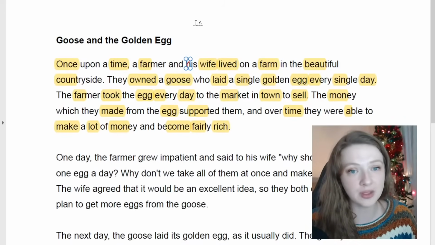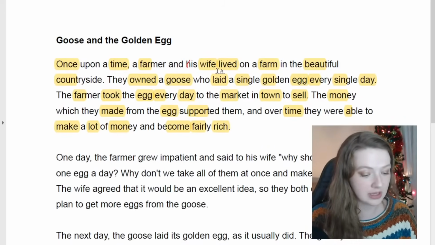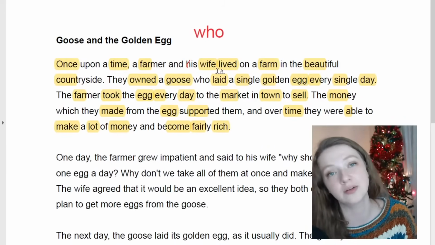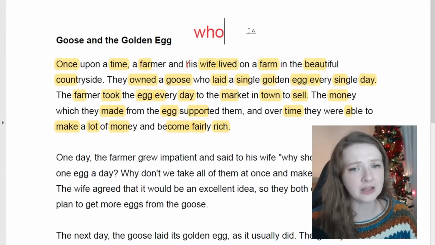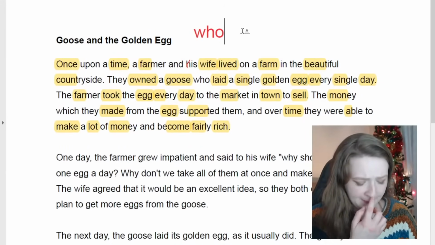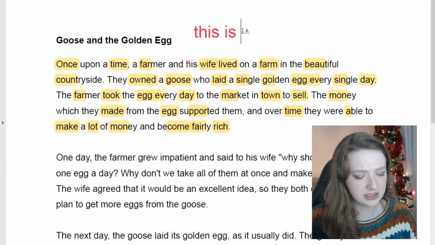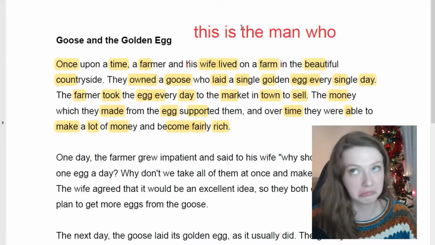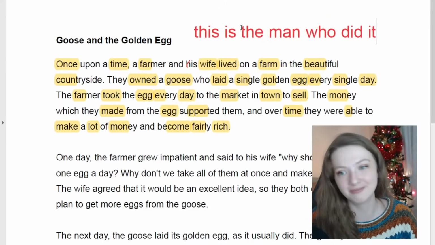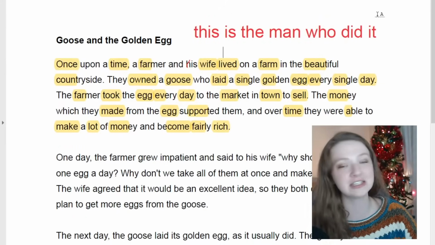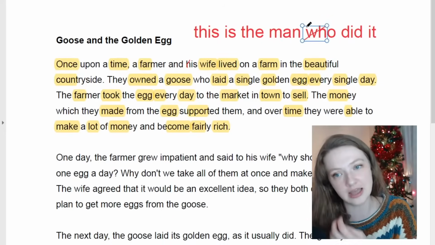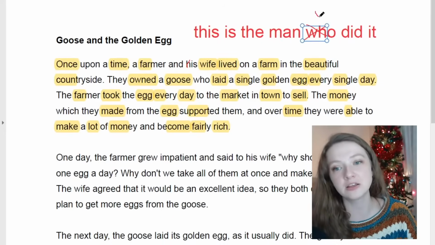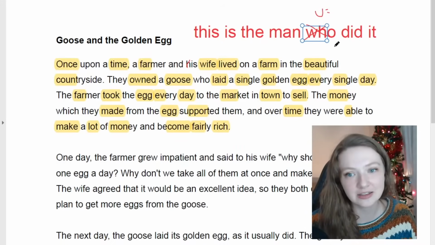This also happens, so I mentioned it with pronouns, but you can use it for relative pronouns as well. So ones like "who", right? I could say, "this is the man who did it", for example, yeah? If I say, "this is the man who did it", as a relative pronoun, I can cut the H at the beginning here, and I can just say "the man 'oo", "this is the man 'oo did it". Yeah.